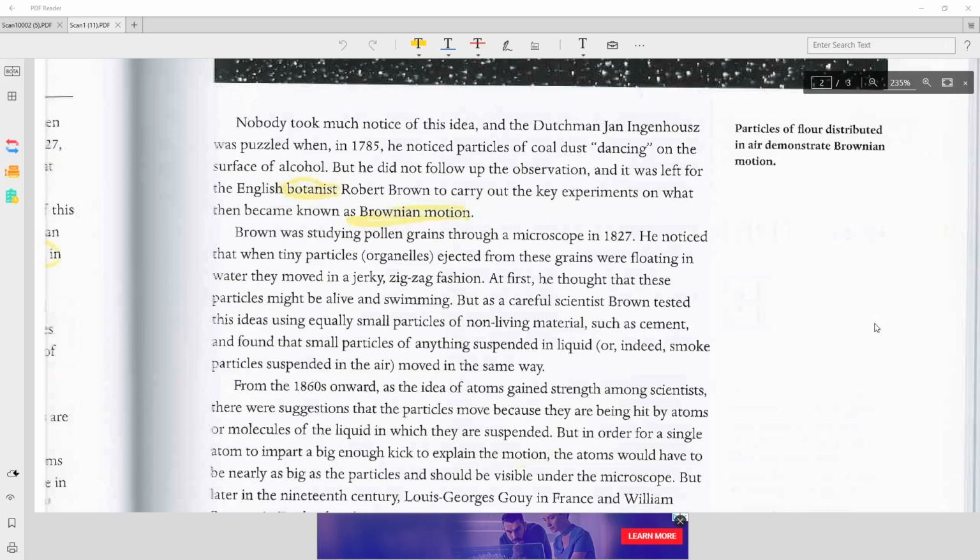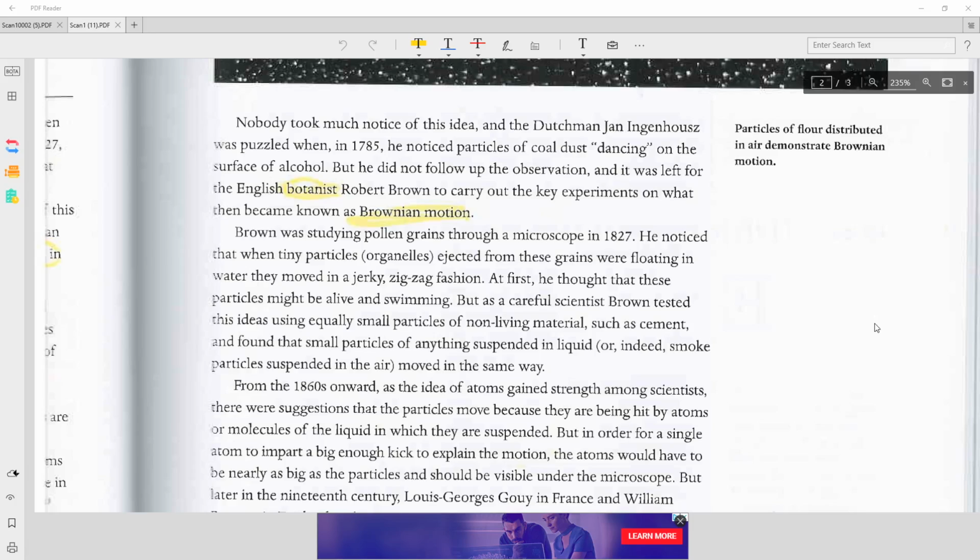From the 1860s onward, as the idea of atoms gained strength among scientists, there were suggestions that the particles move because they are being hit by atoms or molecules of the liquid in which they are suspended.